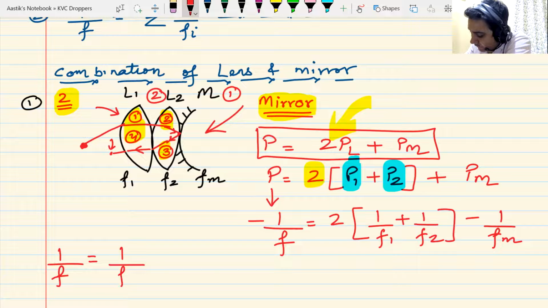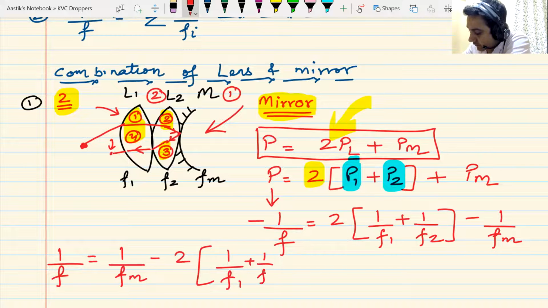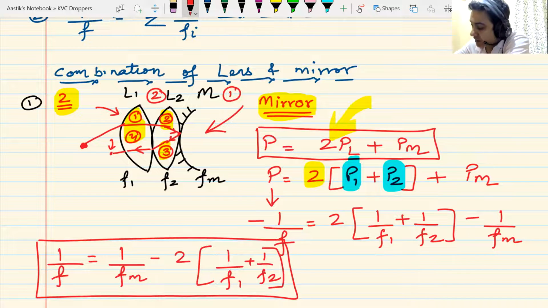1 by fm minus 2 into 1 by f1 plus 1 by f2. Do we understand this? Yes, sir. So these are the two formulas that you must remember.